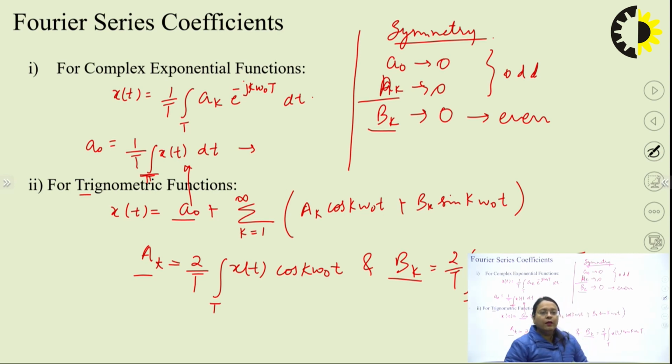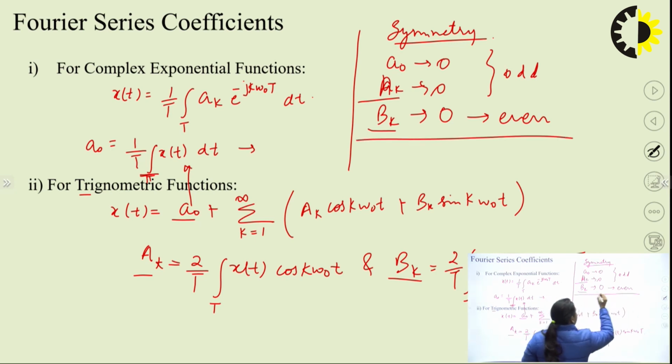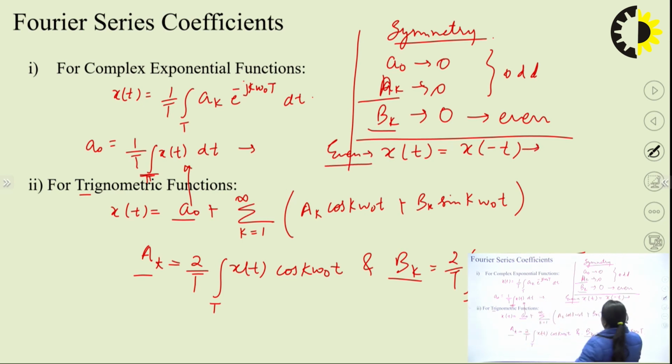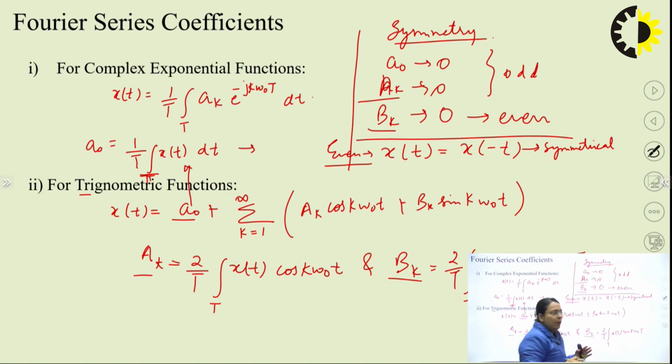Now how can we come to know whether the signal is even or odd? To determine this, for an even signal x(t) will be equal to x(-t). So for the even signal, the signal is symmetrical about the vertical axis.